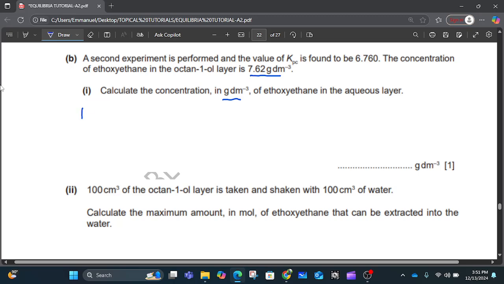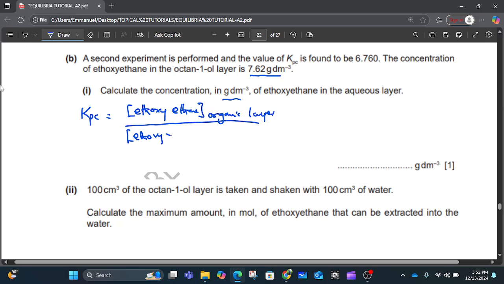So we know that KPC is equal to the concentration of ethoxyethane in the organic layer divided by the concentration of the ethoxyethane in the aqueous layer.